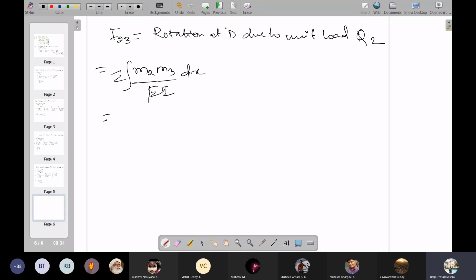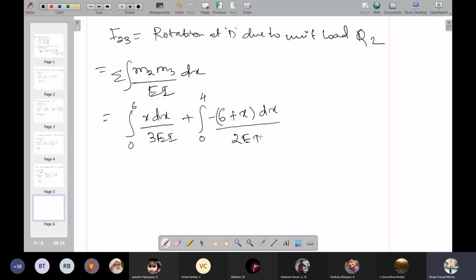That becomes integration 0 to 6 x into dx divided by 3EI, plus integration 0 to 4 of minus 6 plus x into dx divided by 2EI, then plus integration 0 to 6 of minus 10 into dx divided by 2EI. So this becomes equal to minus 40 by EI.